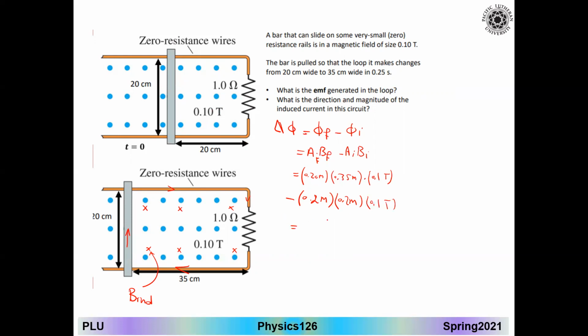This delta phi ends up as 3 power to the minus 3 Weber.